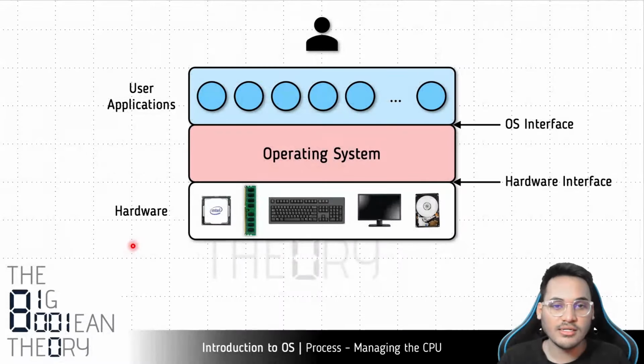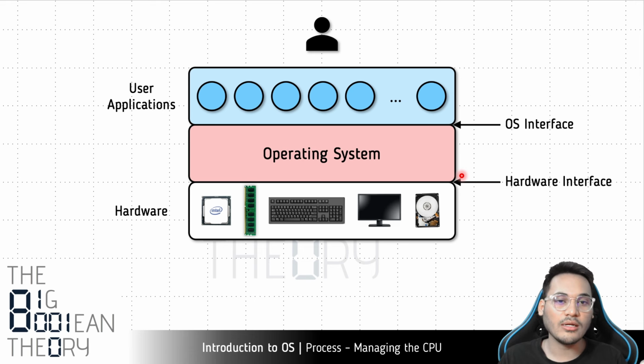Let us start the discussion with this compute stack. As you can see, the operating system has to manage this layer of hardware. Before we talk about how the operating system manages any piece of computer hardware, if you see this stack, there is this hardware interface. The operating system has to work with the interface that the hardware has exposed to it.